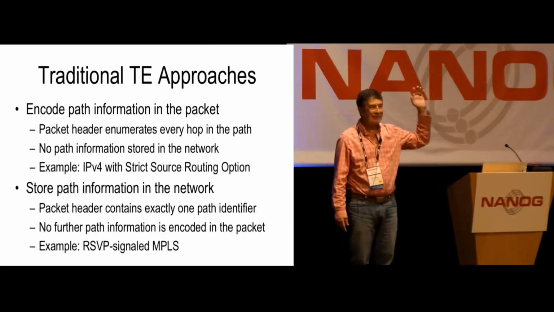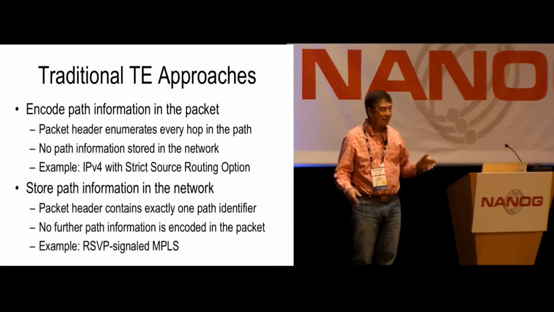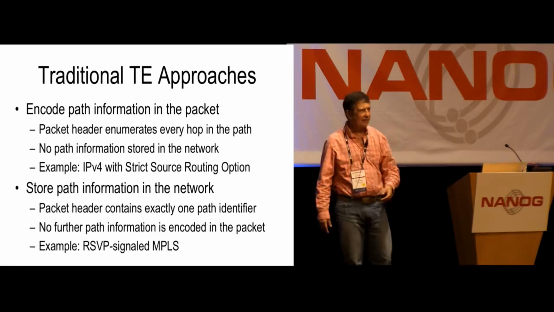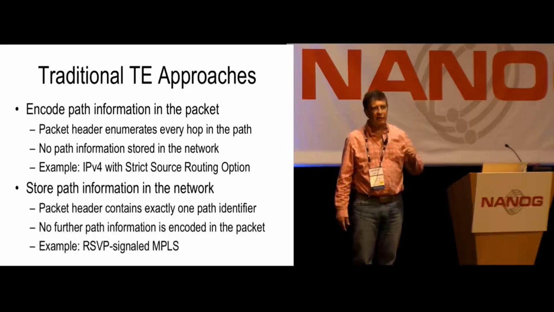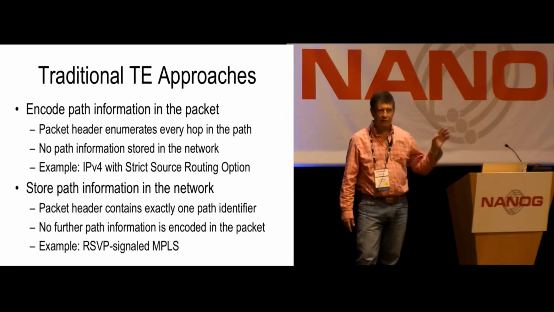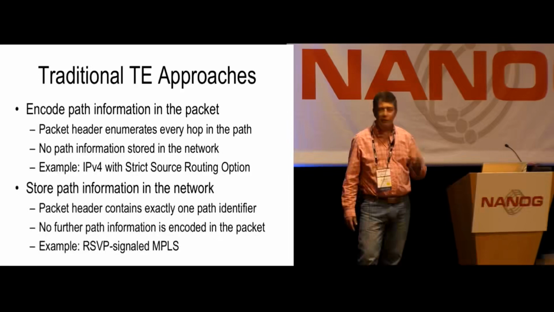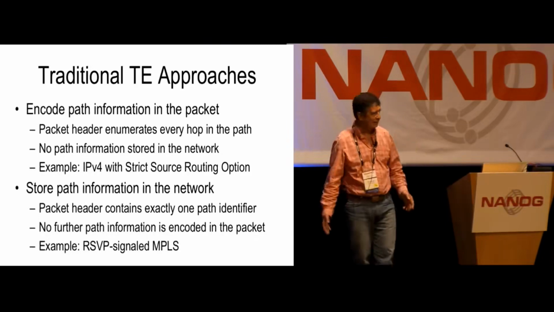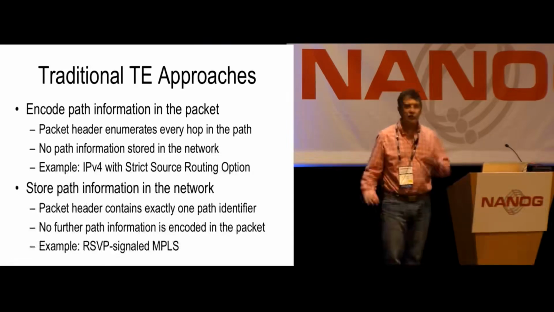Raise your hand if you remember what it is. Okay, that's an example where you encode the whole thing in the packet. The strict source routing option has in it every node that you're going to visit, and you will visit no node but that. And if you use this option, the only thing you need as far as routes in your network is direct routes. You don't need any static routes, you don't need any IGP, you don't need anything. That's one approach, which incidentally nobody uses.